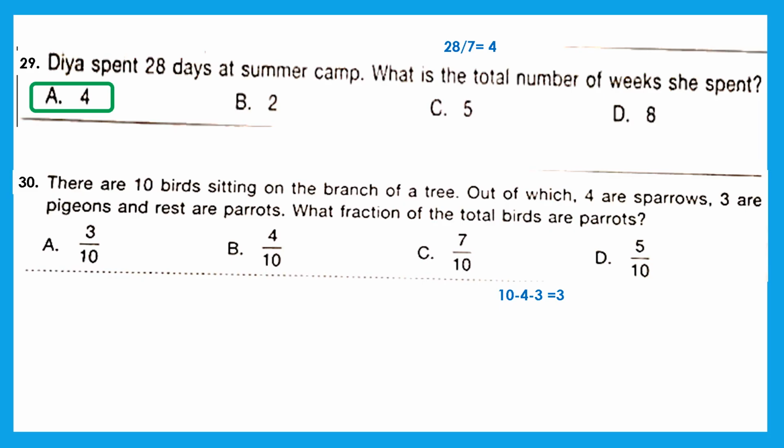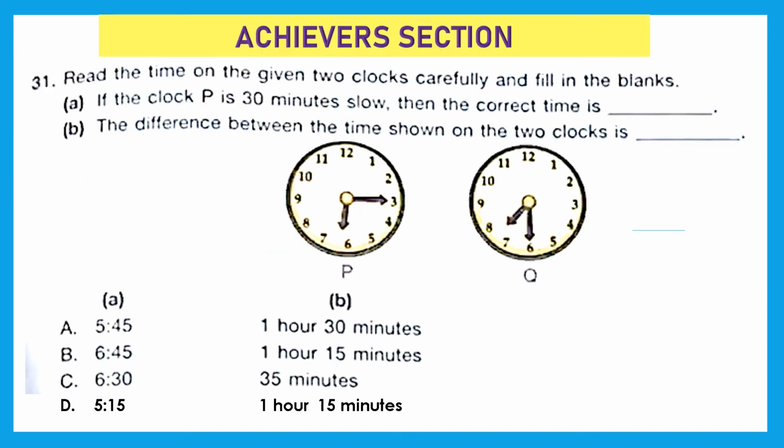So there are a total of 3 parrots. And when we have to find the fraction, we keep the number of parrots above and divide by the total number. So the right answer here should be 3 by 10. Option A is the right answer.